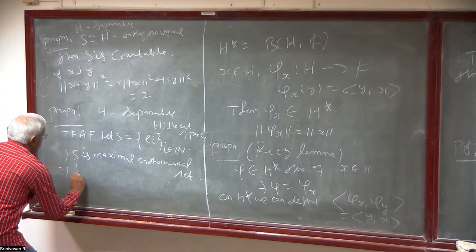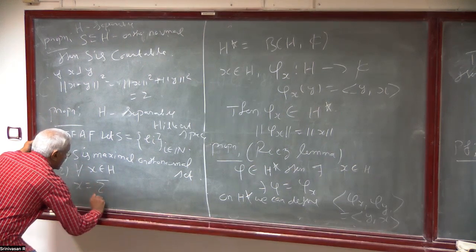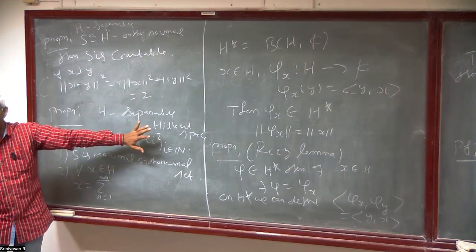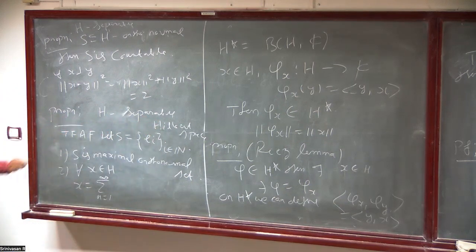Two, for all x in X, x is equal to the summation over n of the inner product ⟨x, e_n⟩ times e_n. If it is a maximal orthonormal set, then any x can be determined.